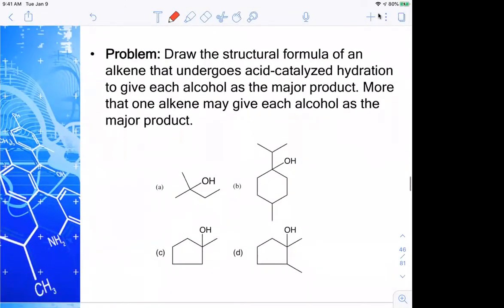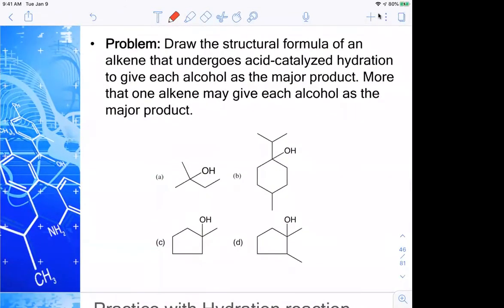Here we go. Draw the structural formula of an alkene that undergoes acid catalyzed hydration to give each alcohol as the major product. More than one alkene may give each alcohol as the major product. So what I have to think about is that this is the carbon that has my OH.